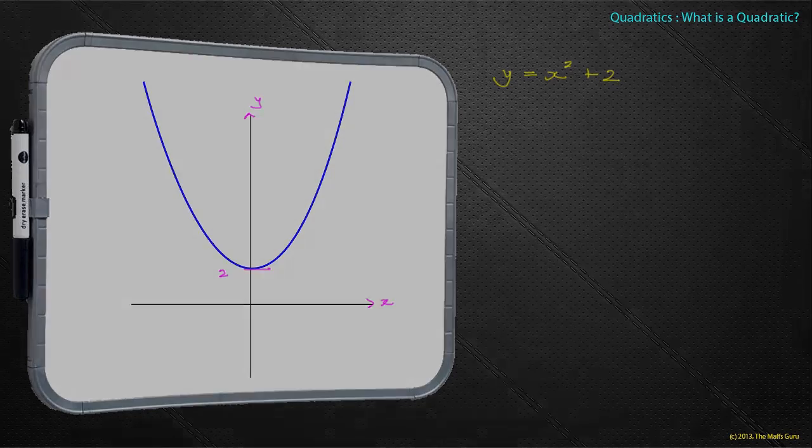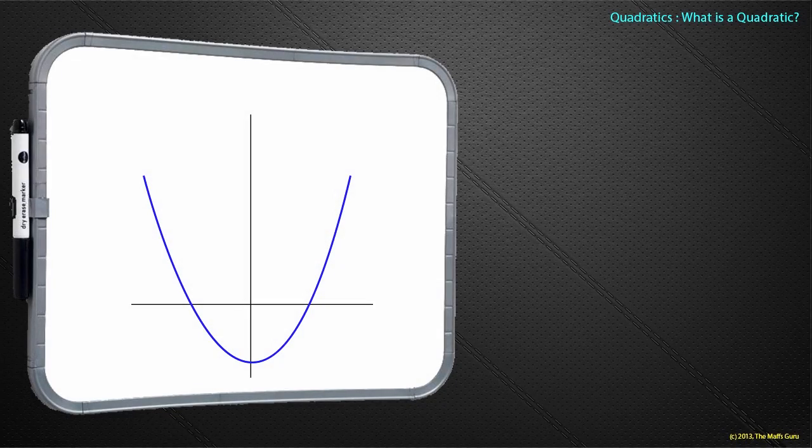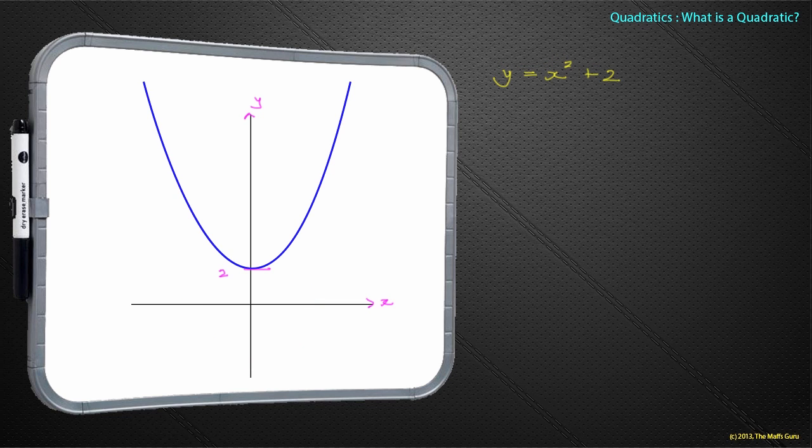Let's have another example. This graph here could actually have its minimum, its turning point, at -3. What could this equation be? Well, it's the standard x squared curve that's just been moved down 3 positions, and actually it has the equation y equals x squared minus 3. Hold on a moment. If we go back to our previous example, when the value at the end was plus 2, the graph moves up 2 places.